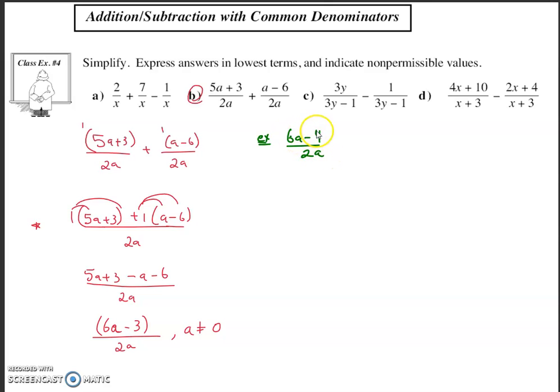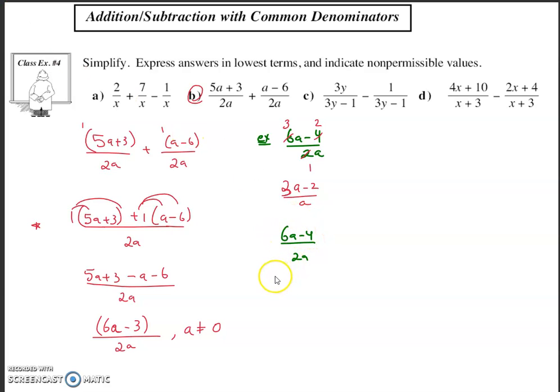Then you can see that every single term here can be reduced by a 2. So one way of looking at it is like reducing every single by 2. And your final answer is 3a minus 2 over a. Or another way to also approach this is to think of factoring out a common factor.